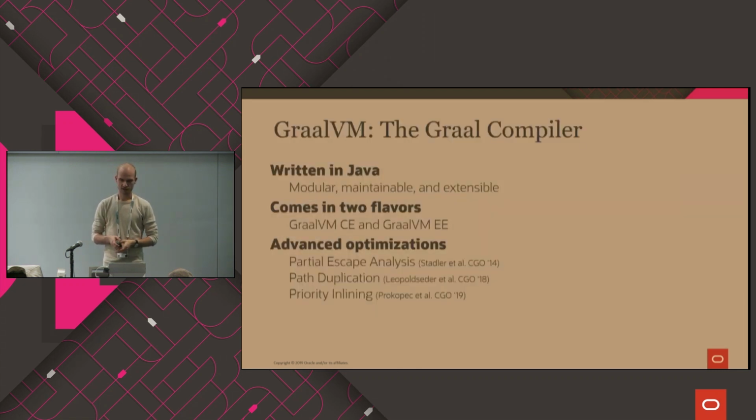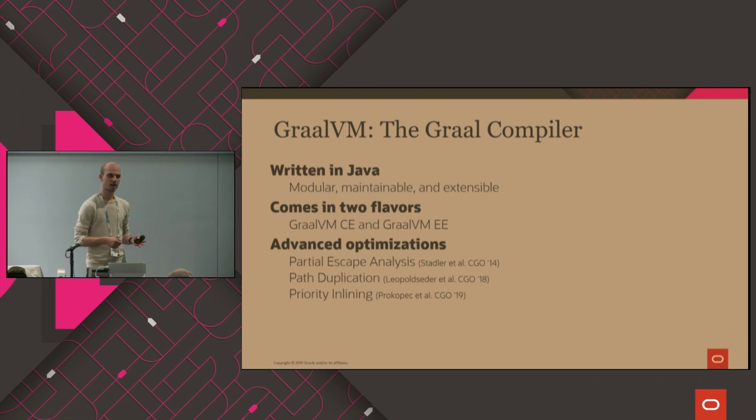The technology that enables all of these things at the core is the Graal compiler. This is really where the project started, if you will. The Graal compiler started as a research project to write a production just-in-time compiler in Java, so in a higher level language than is common for just-in-time compilers. Usually these are written in C or C++, system languages, if you will.